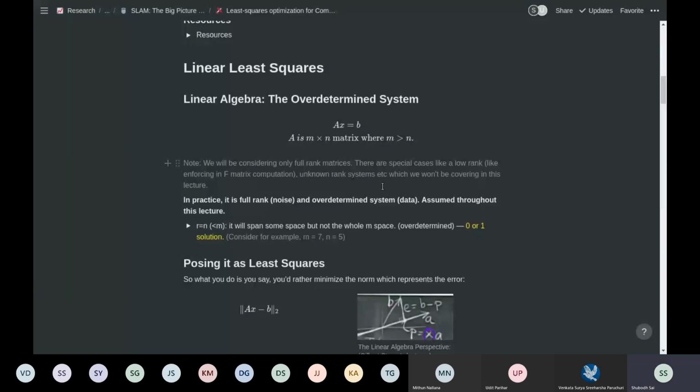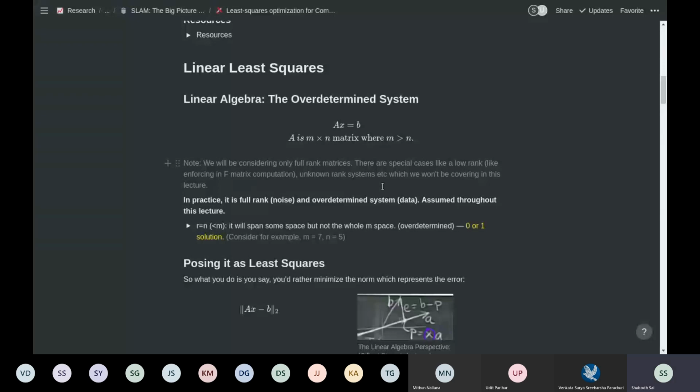For example, in F matrix computation, the bare minimum number of points we needed was 8, but it's not like you only would have 8 correspondences. If you apply SURF or SIFT, you have lots of them. You always have more equations, and you want to estimate the best solution from this huge number of equations.